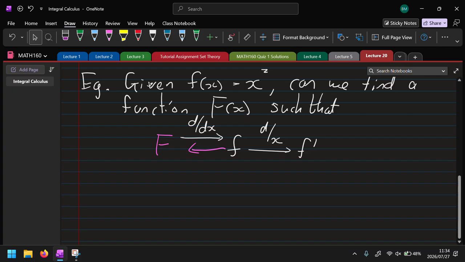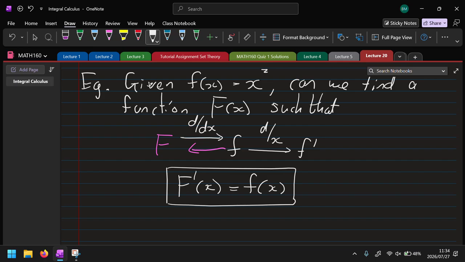So we want to find capital F such that capital F prime gives us back little f. We're just taking a step to the right there by doing the derivative. So what can we do? We want to find this function, capital F, such that when we do the derivative on this new function, we get back this old function, x squared. Any ideas on what we can do?